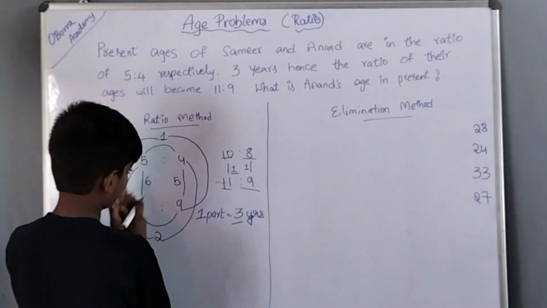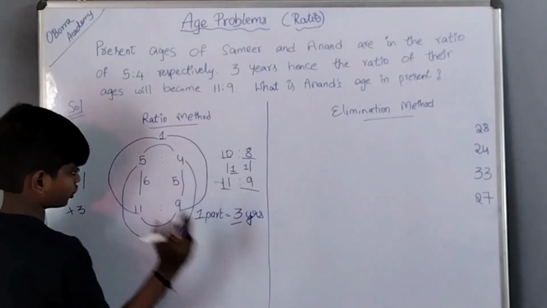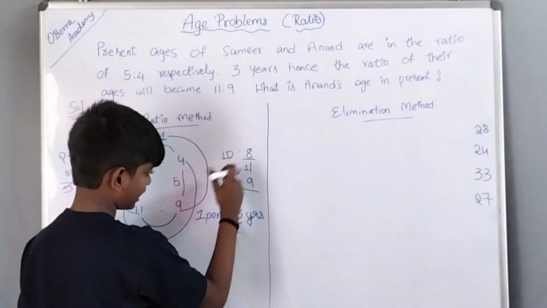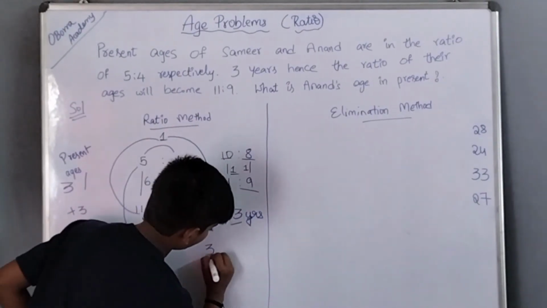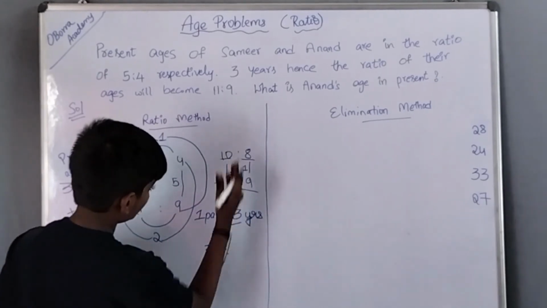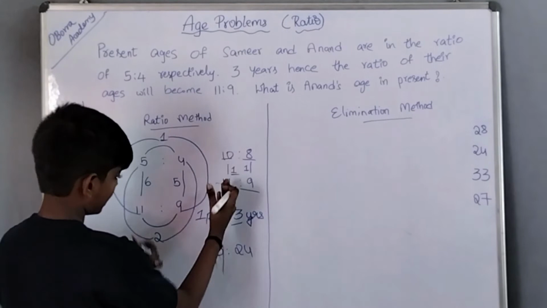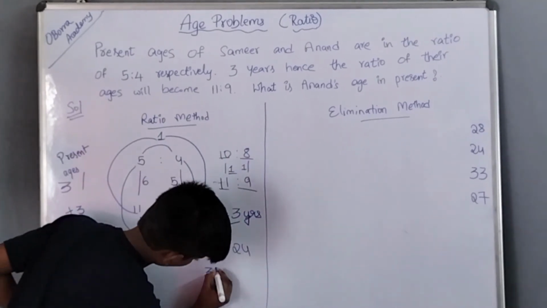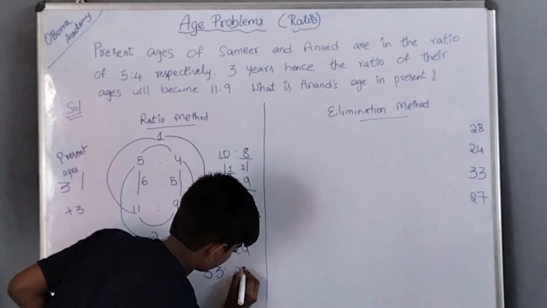We should not multiply with the other numbers. Careful, we should multiply with these numbers 10, 8, 11 and 9. So you get the ages as 10 times 3 is 30, 8 times 3 is 24, and then 11 times 3 is 33, and then 9 times 3 is 27.